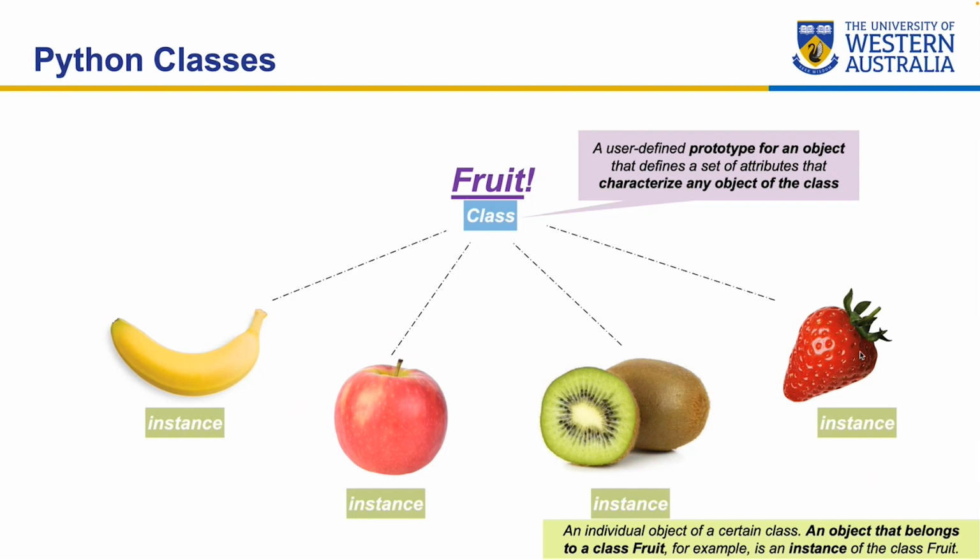So let's have a look at fruits. Fruits can be regarded as objects, and there are many different types of fruits, right? So you can create an instance of fruit, such as banana, apple, kiwi, strawberry, right? But they're all still part of what we call the class fruit.